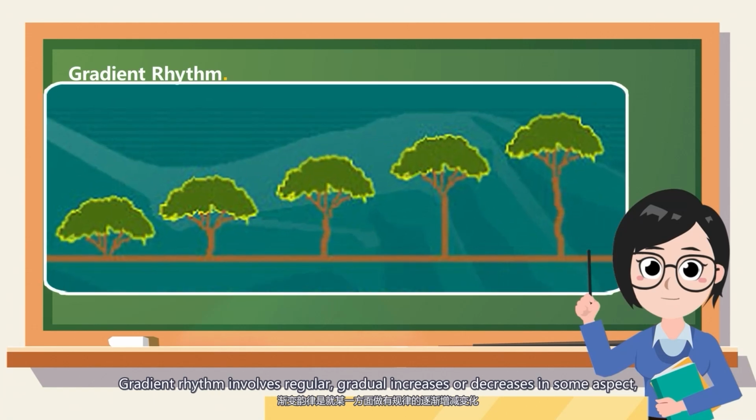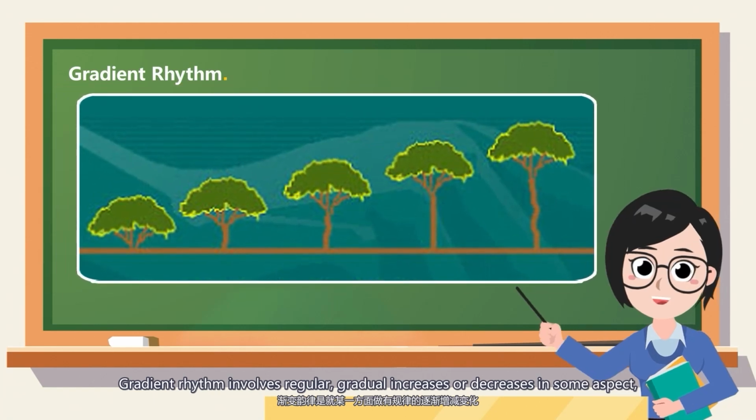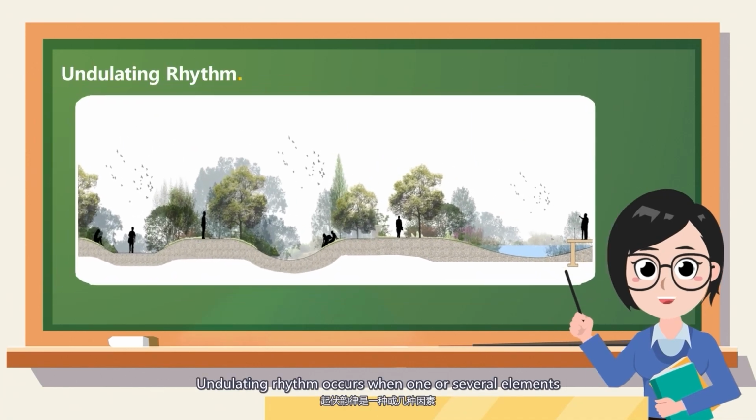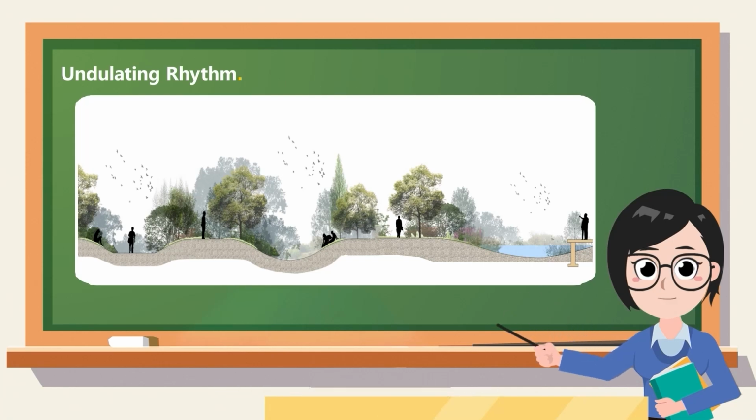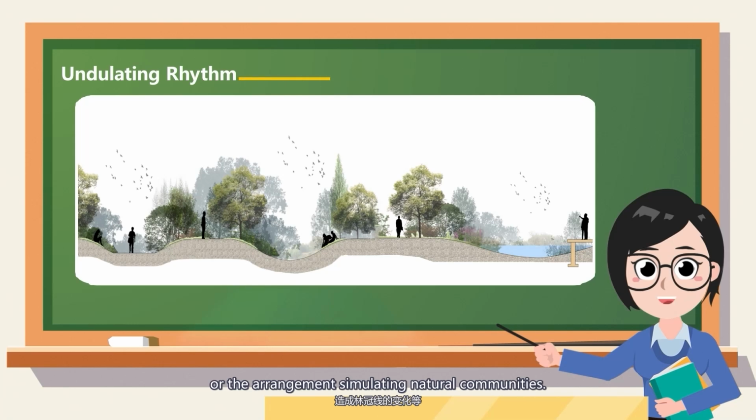Gradient rhythm involves regular, gradual increases or decreases in some aspect, such as gradually changing the size of plants or the intensity of colors. Undulating rhythm occurs when one or several elements exhibit regular undulating changes in appearance, such as changes in the tree canopy line caused by undulating terrain, or the arrangement simulating natural communities.